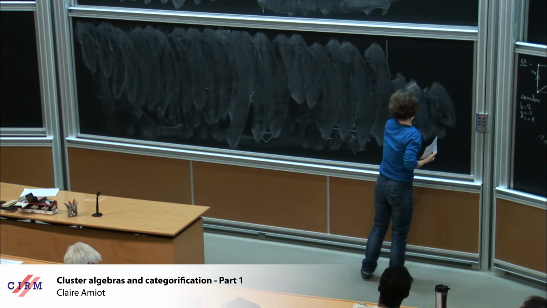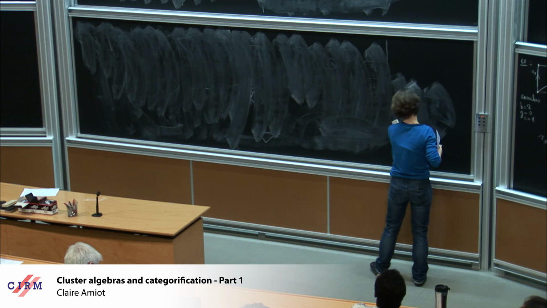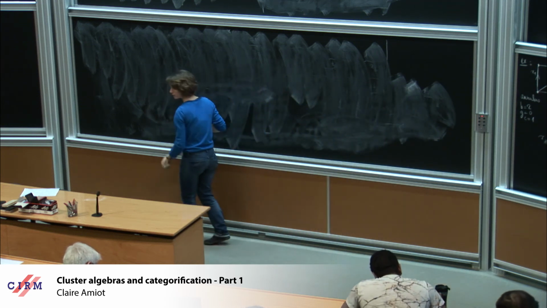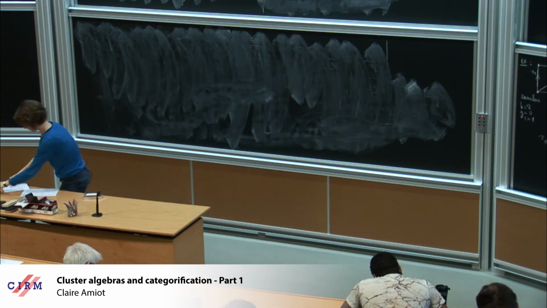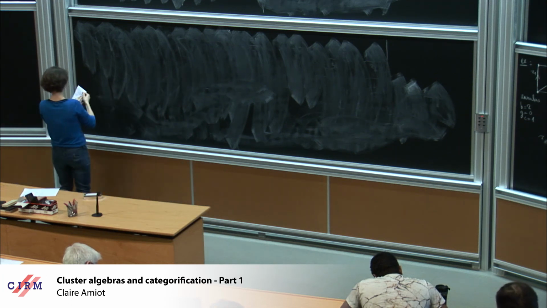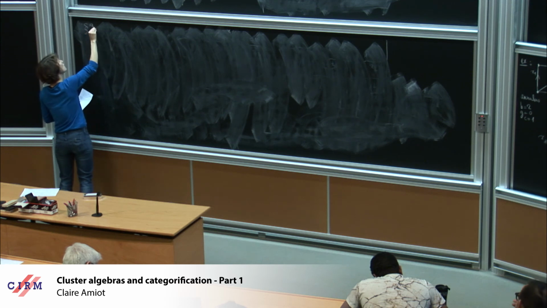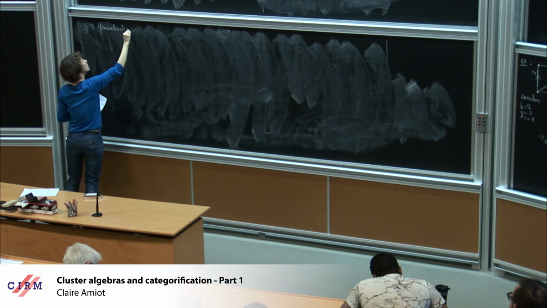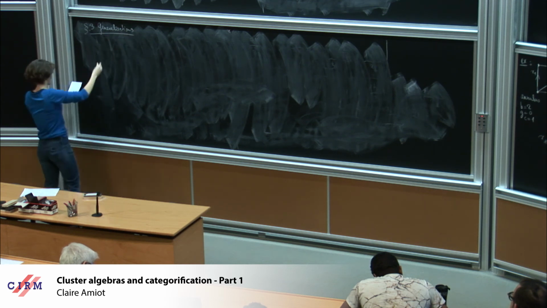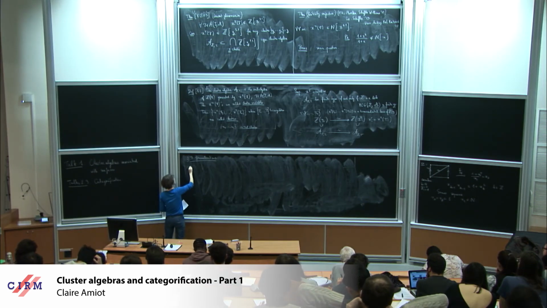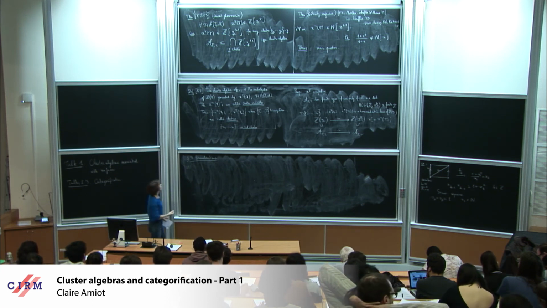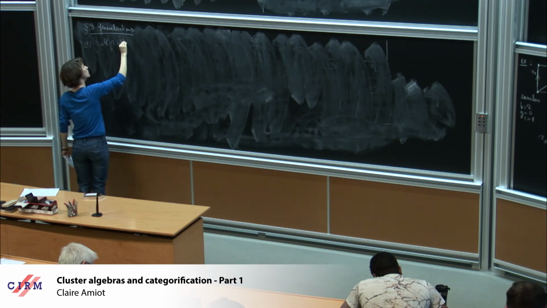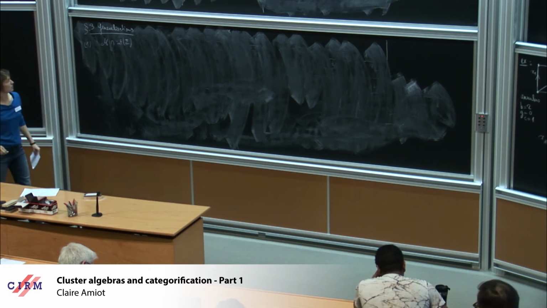So the first natural generalization is, of course, that you can add some marked points in the interior of the surface.